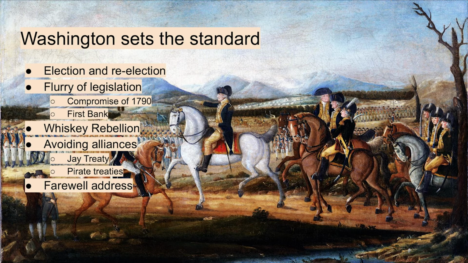And there's also the issue of where to put the capital. Because, remember that whole thing with the mutiny in Philadelphia? Well, now they've got to create an actual District of Columbia.